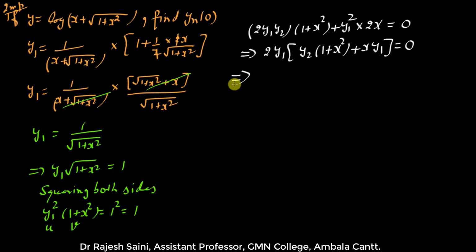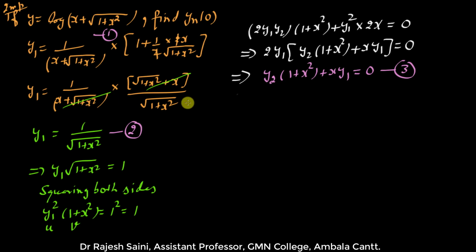This implies that y2 into 1 plus x square plus x y1 equal to 0. Okay, so now you will name the equations. Let us say this equation is named as number 1. This equation, the relation of y1, is 2. The relation here is named as 3.